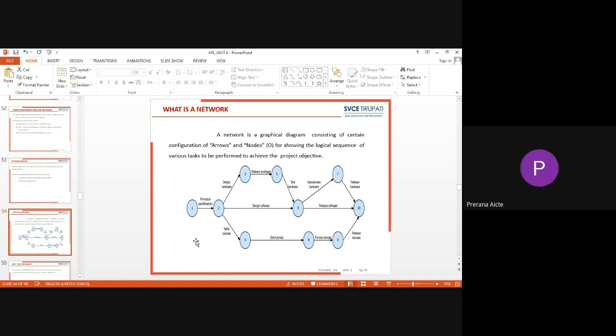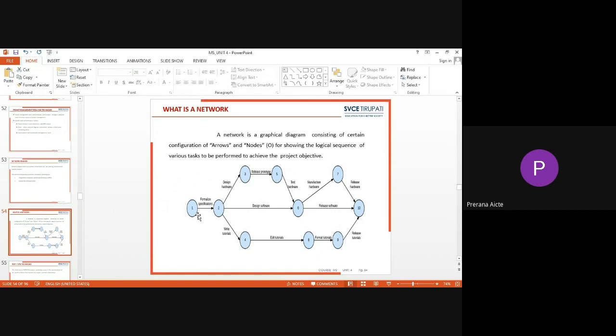After completing a particular activity, you can represent that position with the help of an event, and this event is generally represented with a circle, and is also called a node. These nodes are connected in an arrangement as per the logical sequence of the tasks which are to be performed in the project duration.